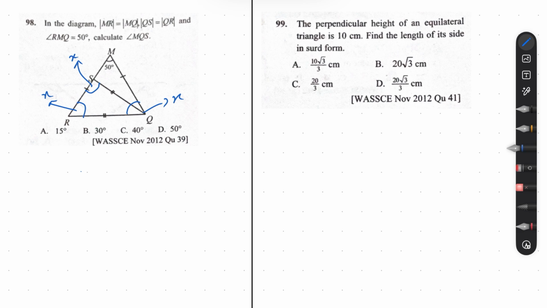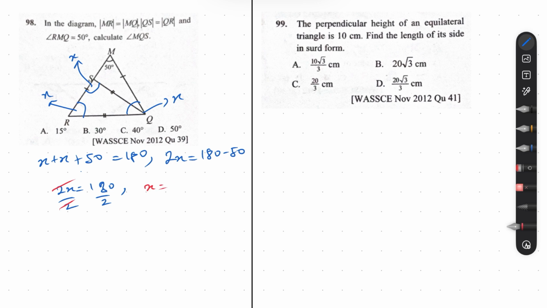So we can say that x plus x plus 50 should give us 180. Okay, so we will have 2x equal to 180 minus 50. 2x equals 130. So when we divide by 2, they cancel out. Okay, we find our x to be 65.